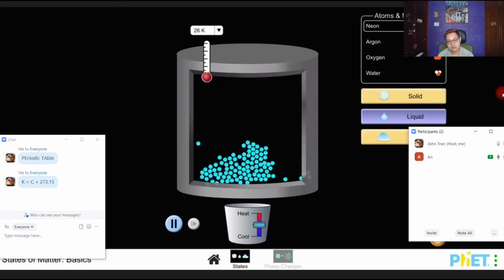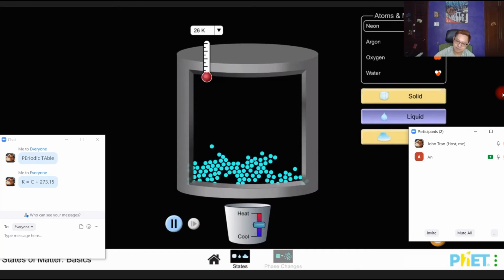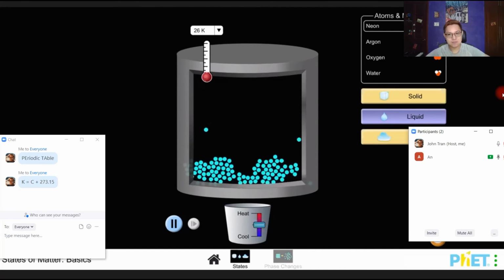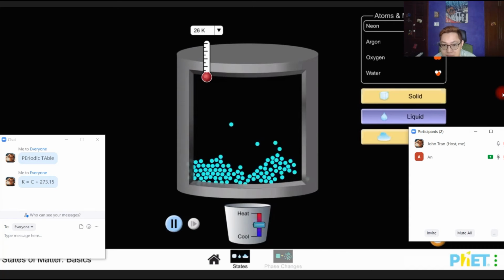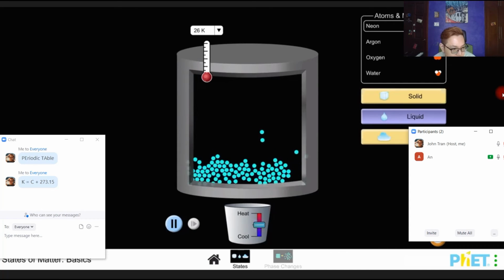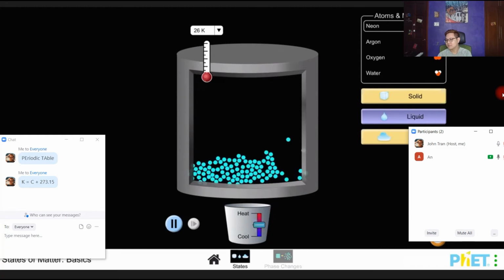Scenario 2. Neon as a solid appears as a single blue circle with 10 rows, 10 circles in each row, when the temperature is 1 Kelvin. The circles move slightly but remain together in this formation. As heat is applied and temperature is raised to 43 Kelvin, the atoms move more quickly, first as a group but then individually.